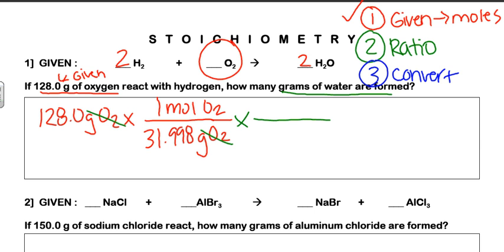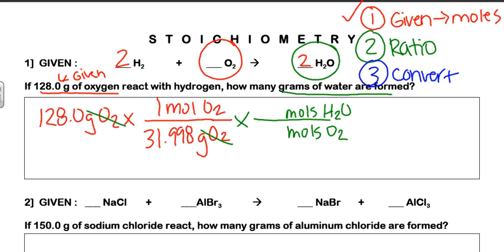So I know my unknown is water. Moles of water will go on top because the unknown is always on the top, and moles of oxygen will go on the bottom. And if you look, this keeps with our theory in dimensional analysis that the units have to match diagonally so that they'll cancel.